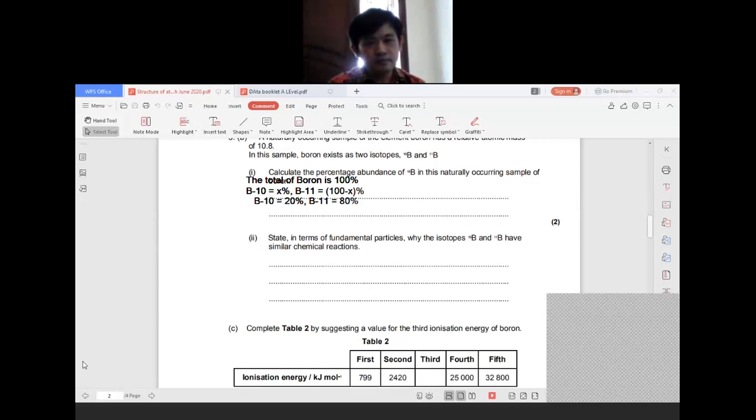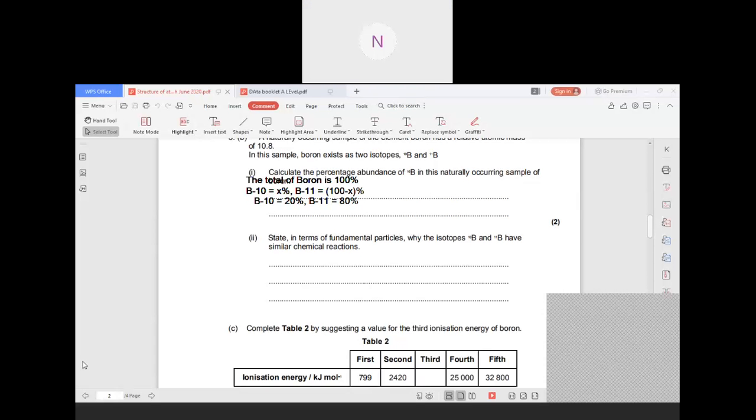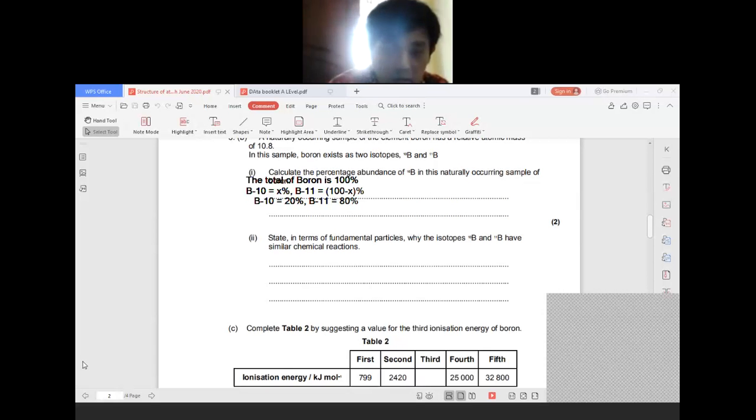Hello Nia, are you there? Nia, I would like to ask this question, the second question that you see on your screen. State in terms of fundamental particles why isotopes B10 and B11 have similar chemical reactions.